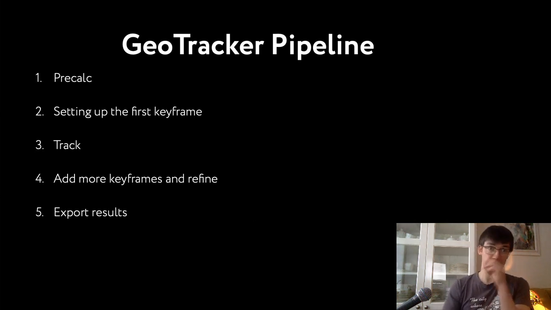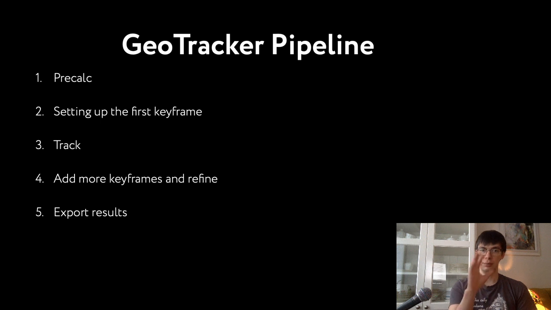Which is basically the GeoTracker pipeline. So let's discuss in detail what you have to do to track the object. More or less everything consists of 5 steps. First of all, precalculation: you have some pre-analysis of the footage, and we'll discuss now what's inside this step.